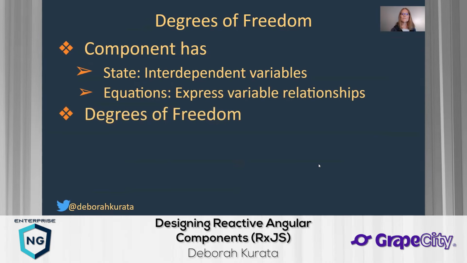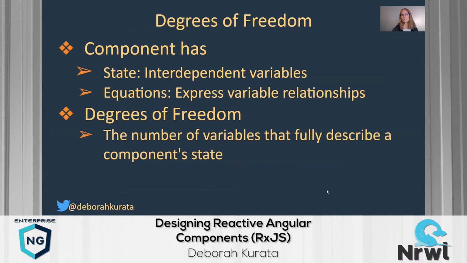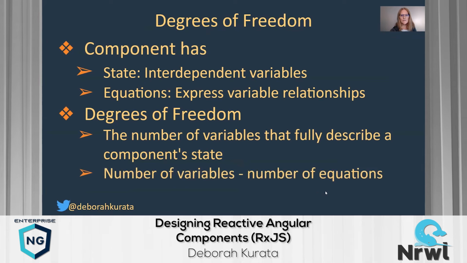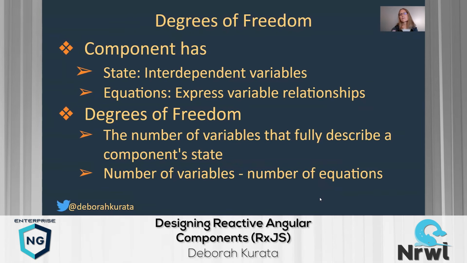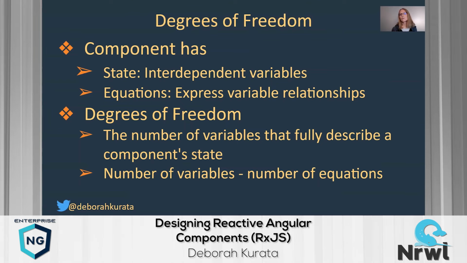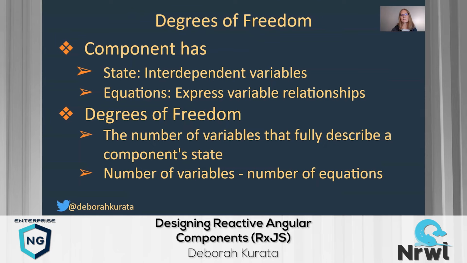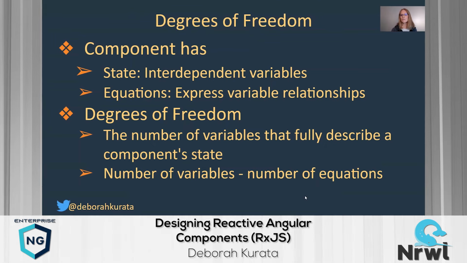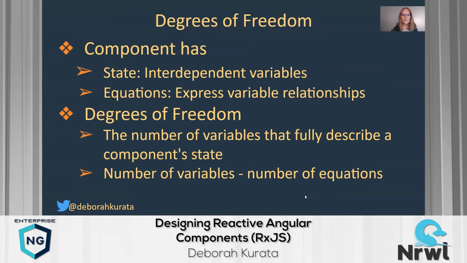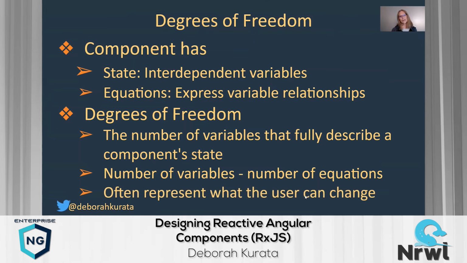So degrees of freedom is the number of variables that fully describe a component's state. And it's calculated by taking the total number of variables and subtracting the total number of equations. That leaves you with the variables that aren't defined by an equation. And those are then the minimum number of variables that fully describe the component's state. It often represents what the user can change.